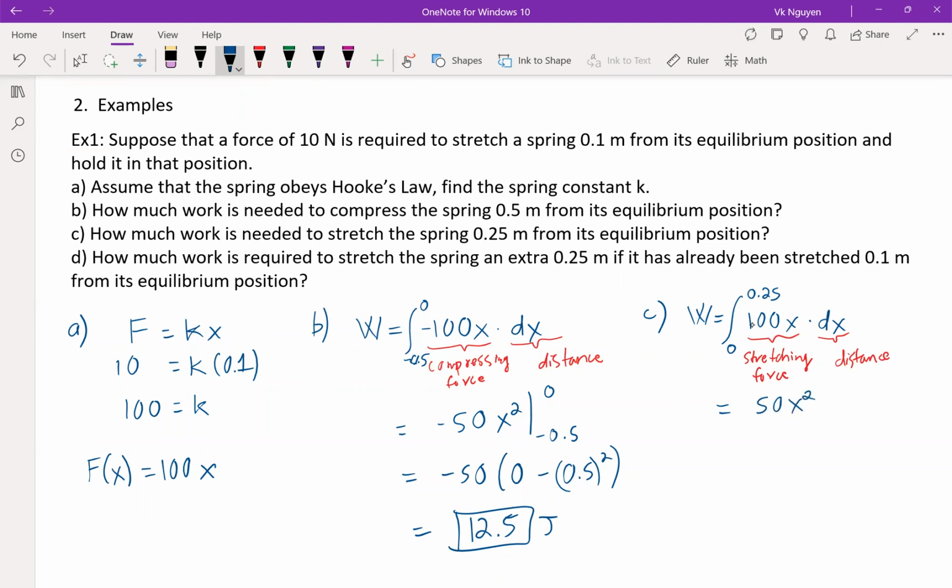The antiderivative is 50x squared, evaluated from 0 to 0.25. 50 times 0.25 squared minus 0, and that gets us 3.125 joules. Pretty cool, huh? One more.